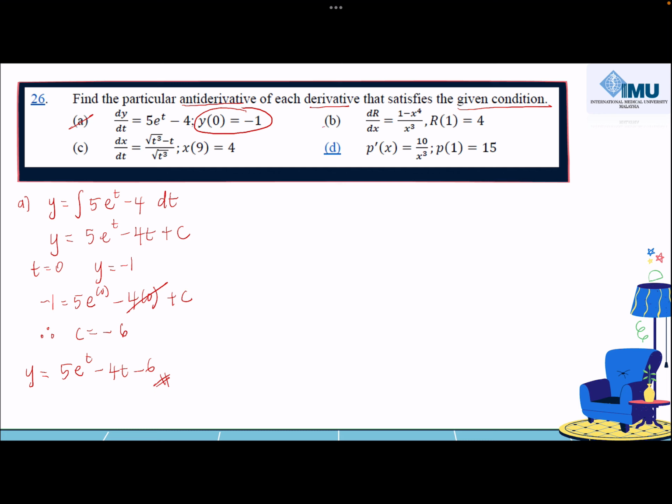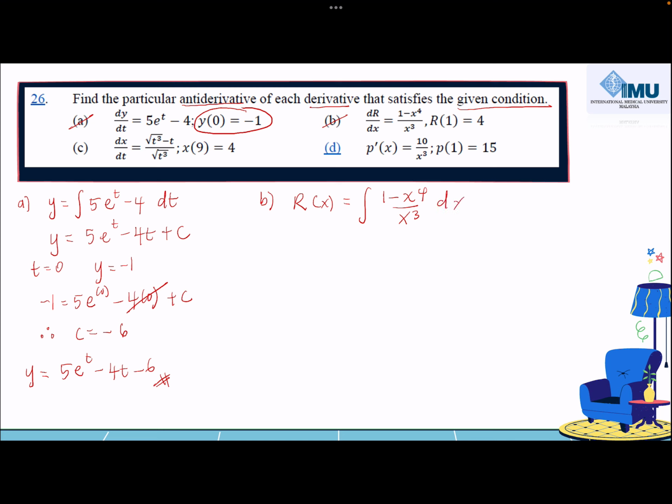Now, let's try to do B together. Given dr over dx equals 1 minus x to the power of 4 divided by x cubed. The antiderivative of dr is basically you integrate your derivative. Now, 1 minus x^4 over x cubed.